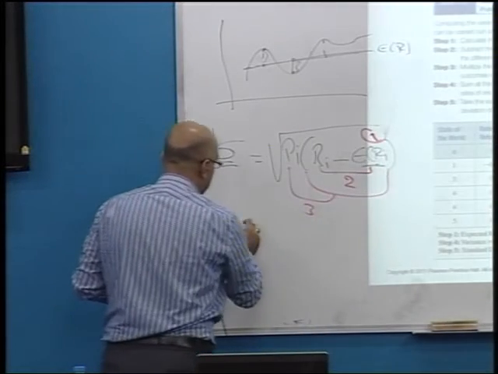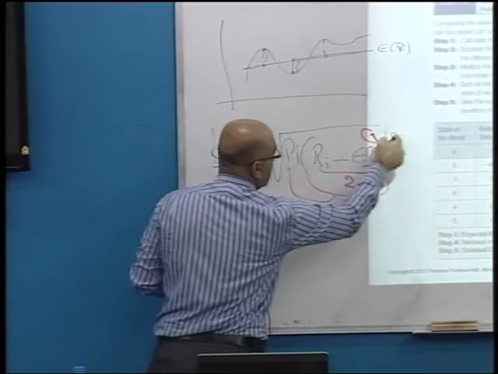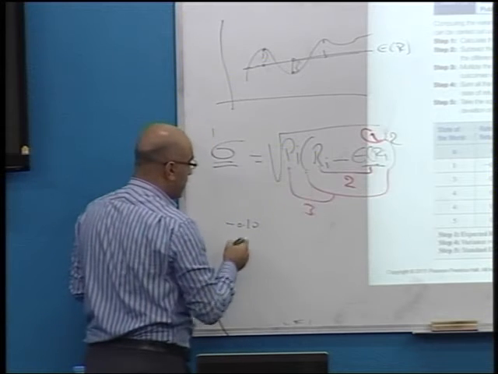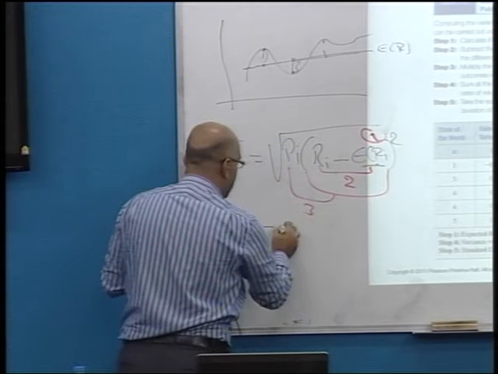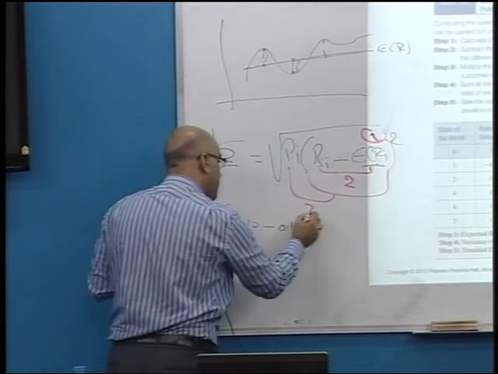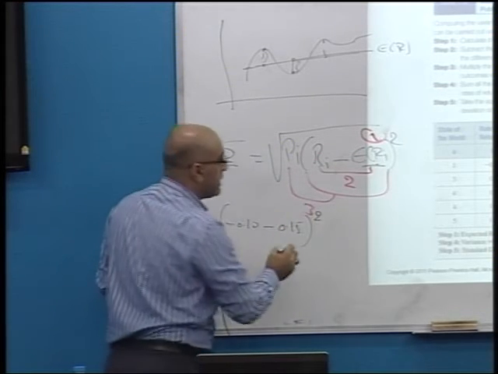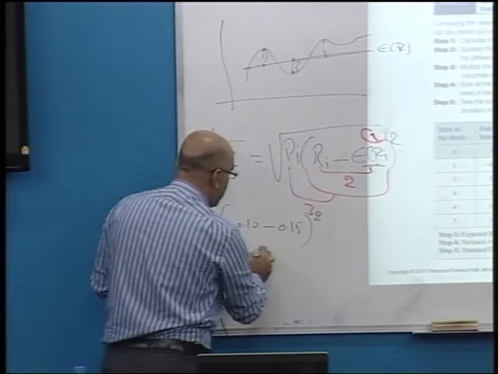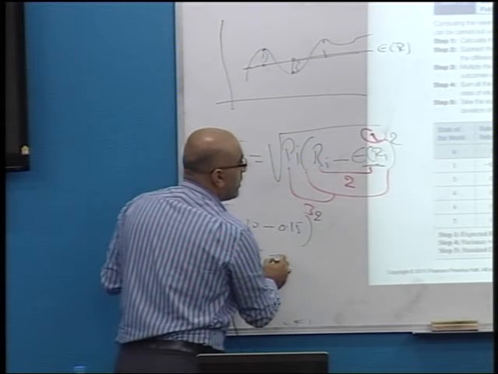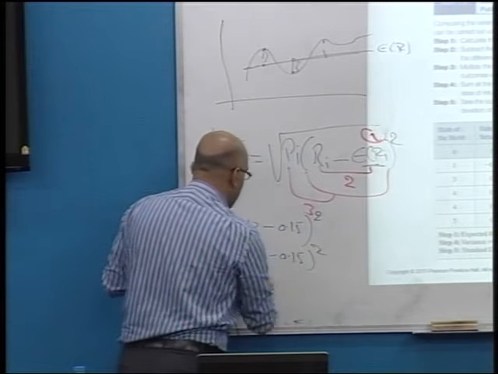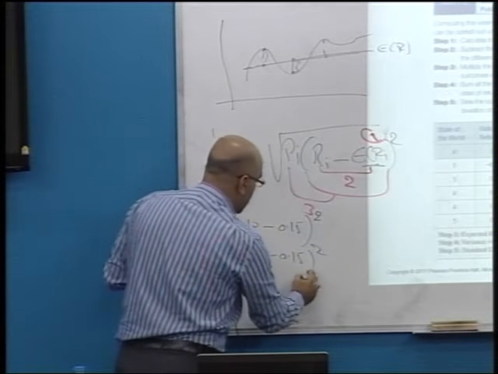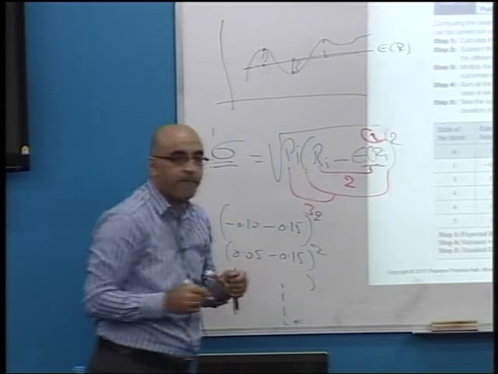So minus 10, don't forget this is raised to the power 2. Minus 10 minus the expected rate of return, 0.15, raised to the power 2. The second one, 0.05 minus 0.15 raised to the power 2. The third one, and so on.